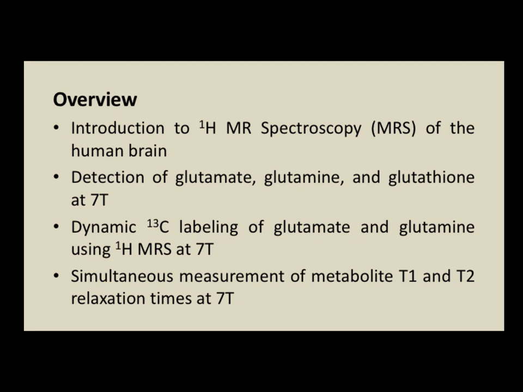The first project is detection of glutamate, glutamine, and glutathione at 7 Tesla. The second project is dynamic carbon-13 labeling of glutamate and glutamine using proton MR spectroscopy at 7 Tesla. The third project is simultaneous measurement of metabolite T1 and T2 relaxation times at 7 Tesla.